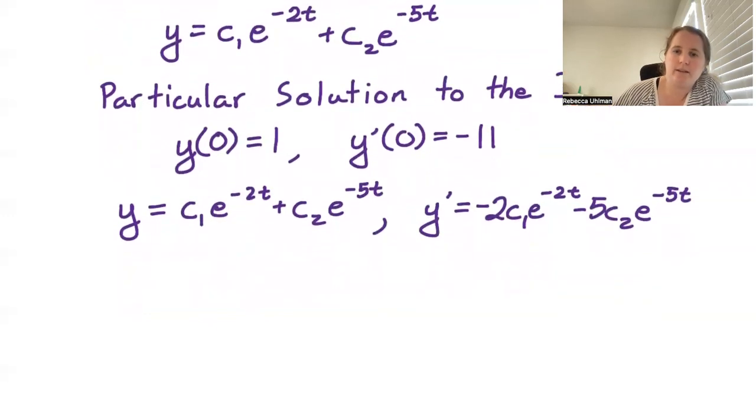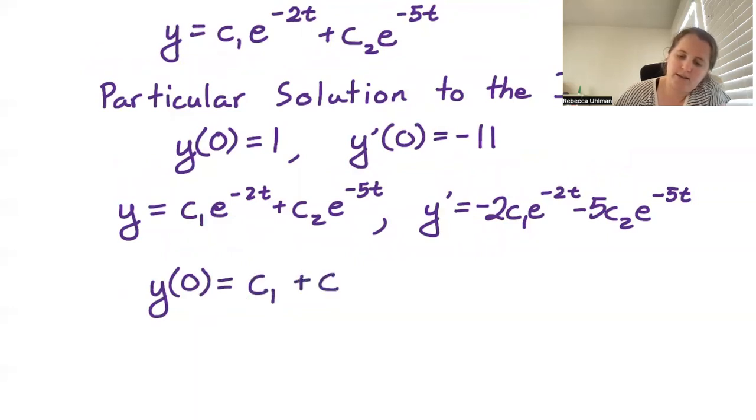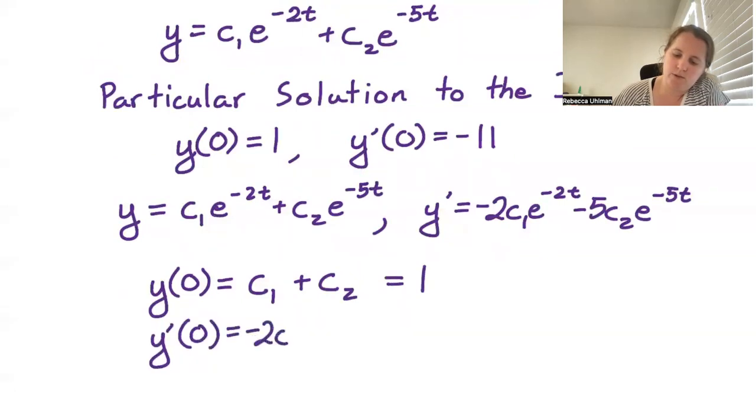So if we plug in 0, y of 0 equals just c1 plus c2. e to the 0th is 1, and this should equal 1. y prime of 0, we would have -2 times c1 minus 5 times c2, and this should equal -11.